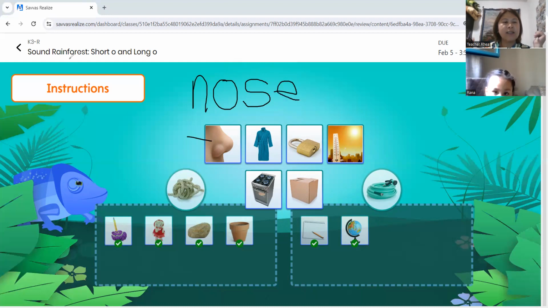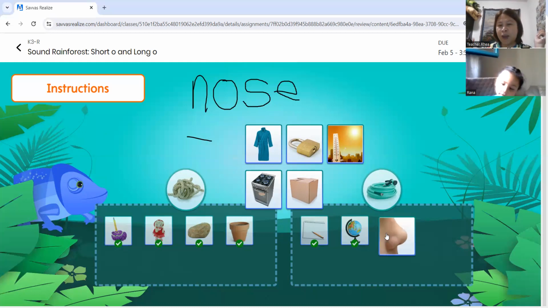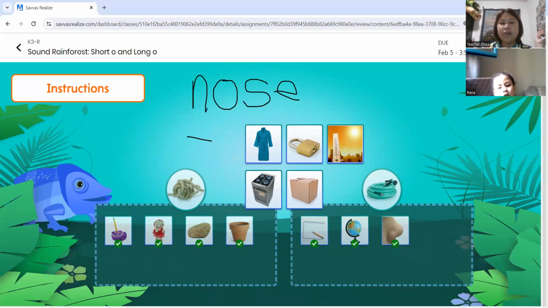Very good. So nose, is it a short O or a long O? Long O. So where are we going to put nose? Under the knot or under the hose? Hose. Under the hose. Very good, Rana.